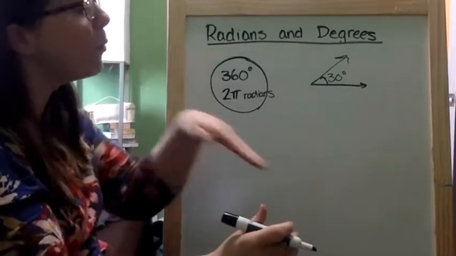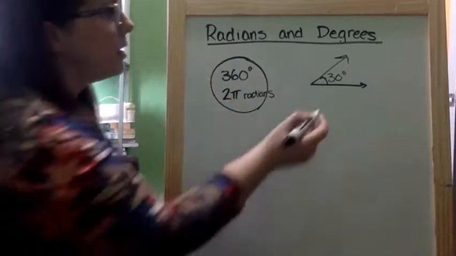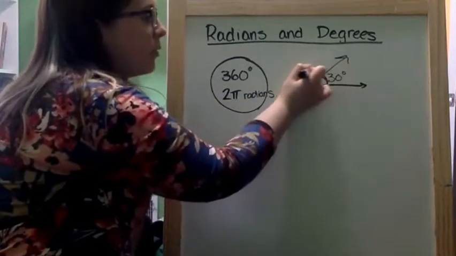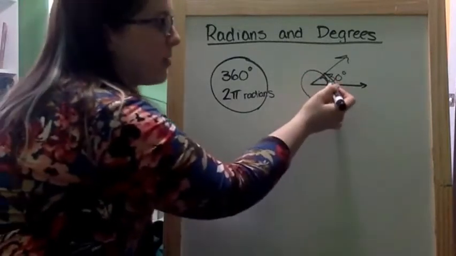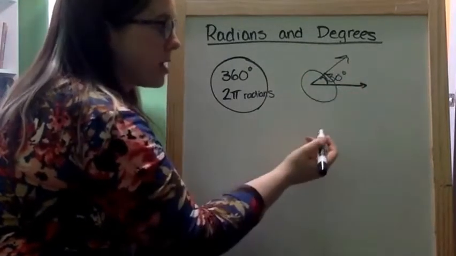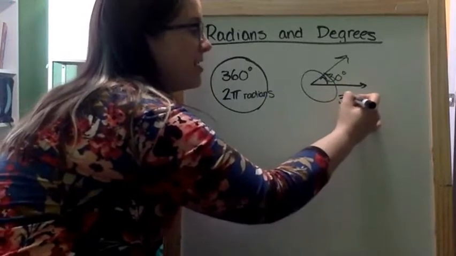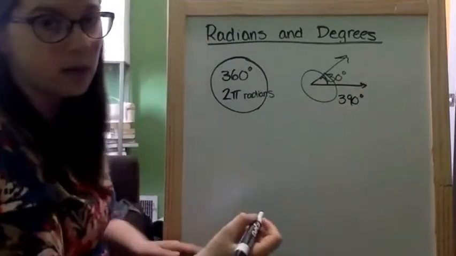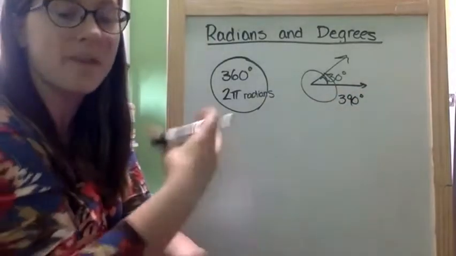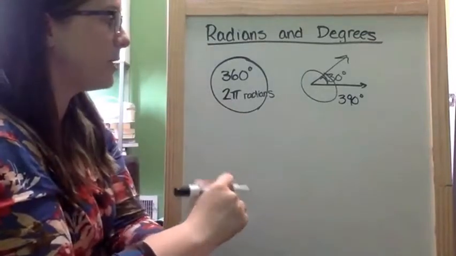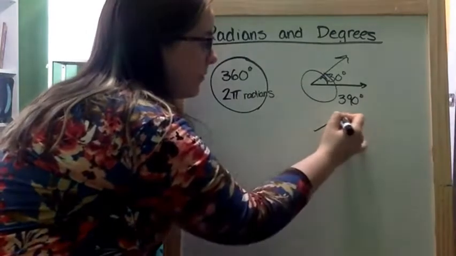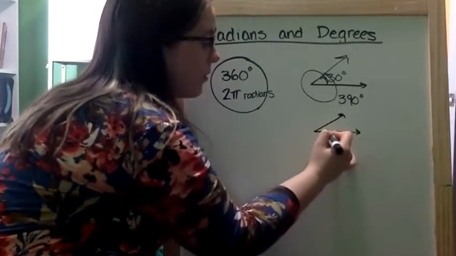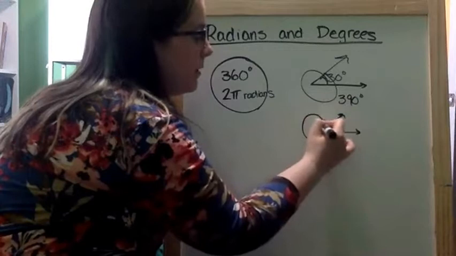So if we go more than 360 degrees, so if we were to take this and come around twice, we would do 360 plus 30 degrees. So that would be a 390 degree angle. So it is possible to go bigger than 360 degrees. On the other side, in terms of negative, it's also possible for your angle to come this way.